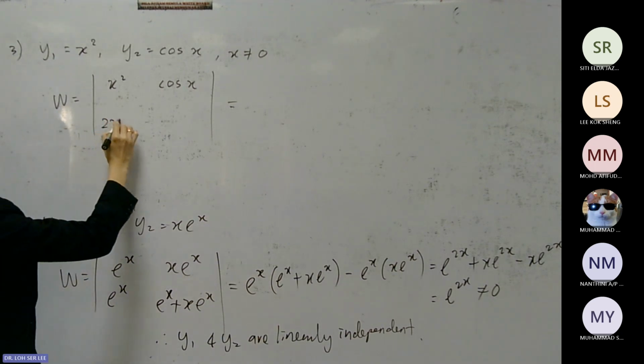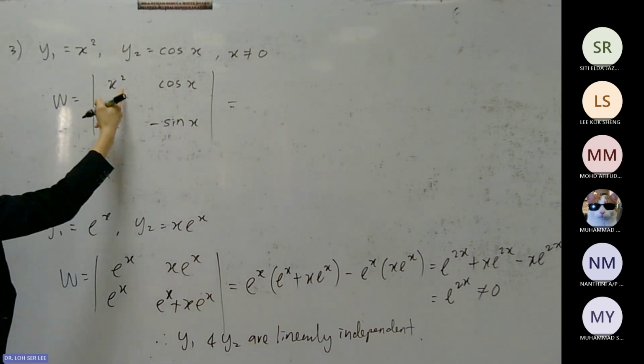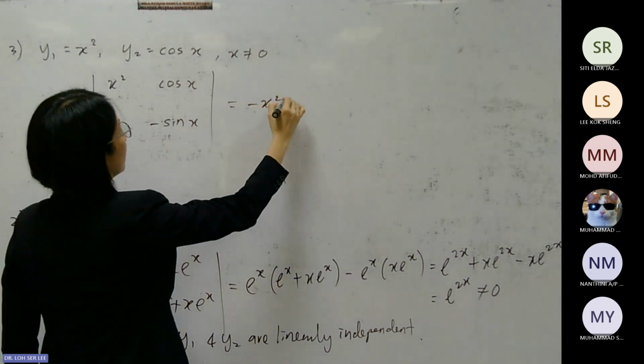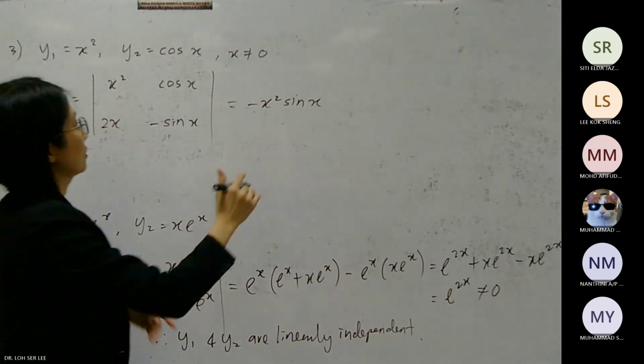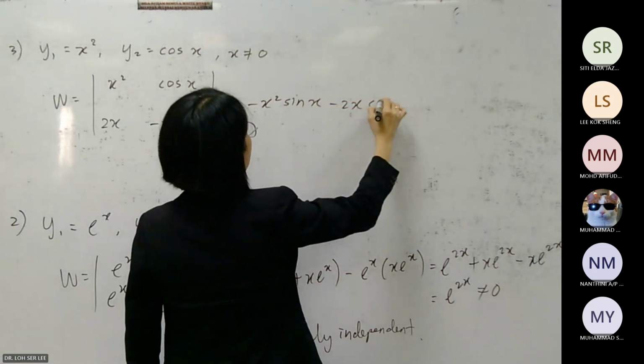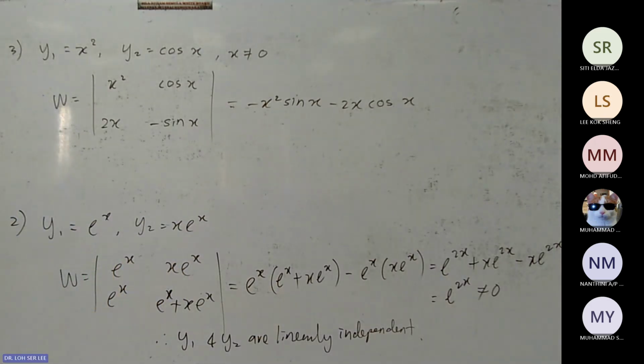Two x, negative sin x. Okay, AD minus BC.